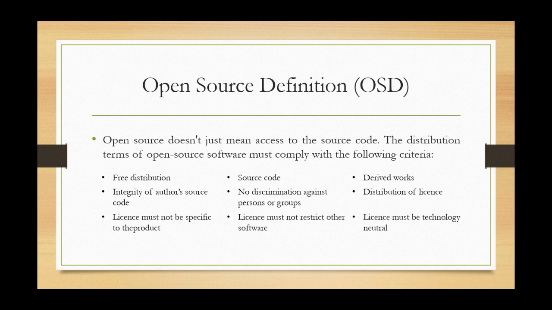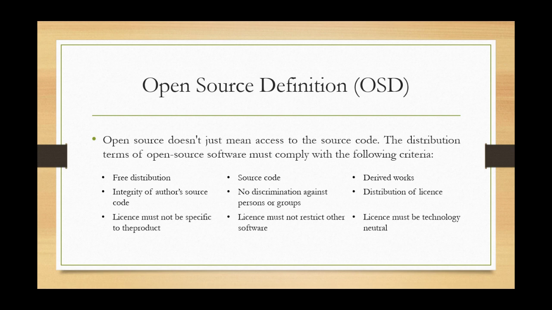Speaking of open source software, it doesn't mean only to have access to open source code. There should be a number of criteria that should be followed, and these are: free distribution, integrity of author's source code, license must be specific to the product, the source code, no discrimination against persons or groups, license must not restrict other software, derived works, distribution of license, and license must be technology neutral.